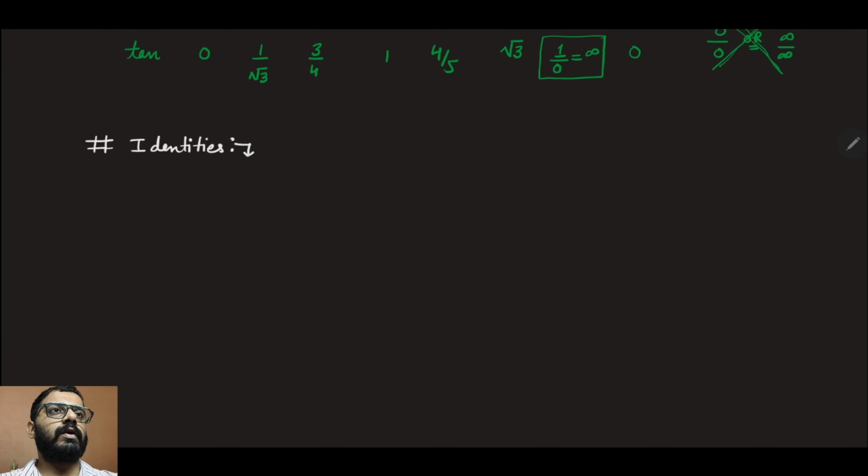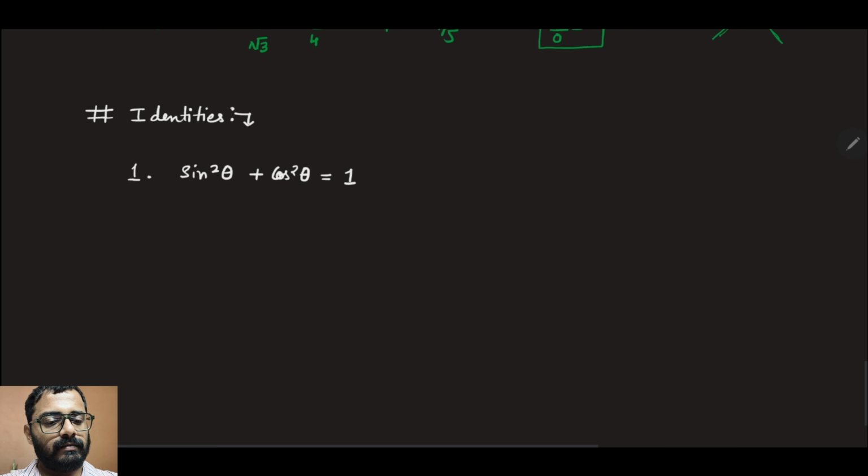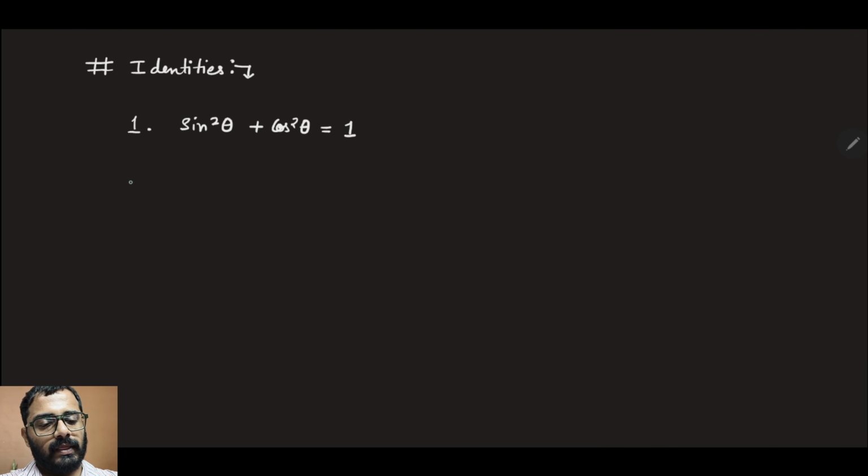So what are those identities? First, sine square theta plus cos square theta equals 1. Second is 1 plus tan square theta equals secant square theta.